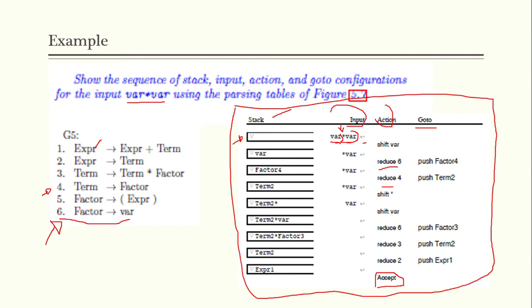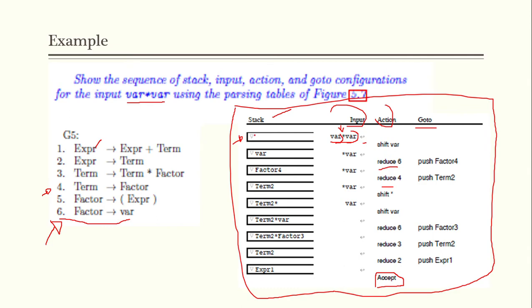How to read this? You want to know, is it shift or reduce? Then you need to look into your action table. In this case, you need to consider the information in the stack, the one on the top of the stack. On the top of the stack is the triangle start symbol, and the first input is var.